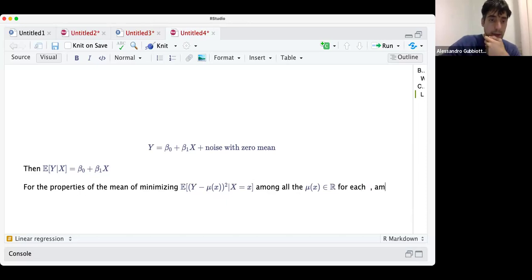For each x, you can find beta 0 and beta 1 that minimize this function that I have called g.